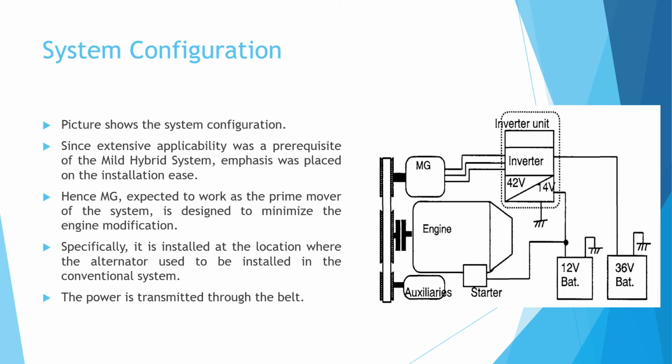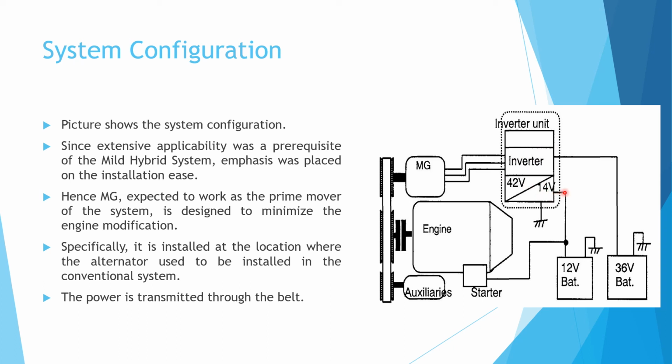Now coming to the system configuration. The picture is showing the system configuration where this is the engine, where the engine is connected with the motor or generator and the auxiliary. In the engine, there is a starter connected. Motor or generator is connected with the inverter, where the inverter or the battery cell is there.